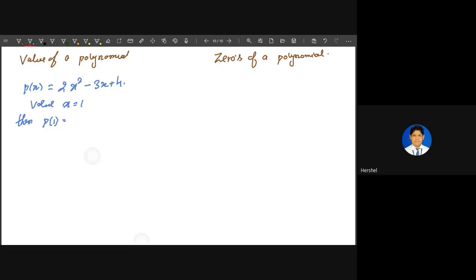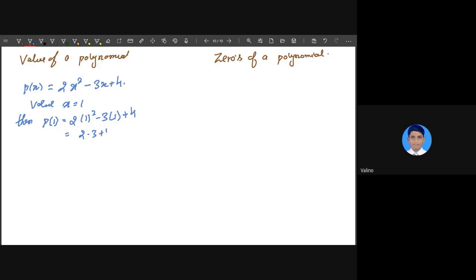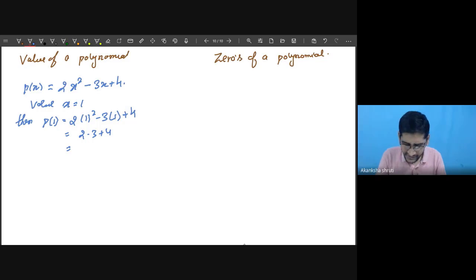So substitute it here: 2 into 1 square minus 3 into 1 plus 4. It becomes 2 minus 3 plus 4. Minus 1 plus 4. Yes, so it becomes 3. So the value of this polynomial is what?